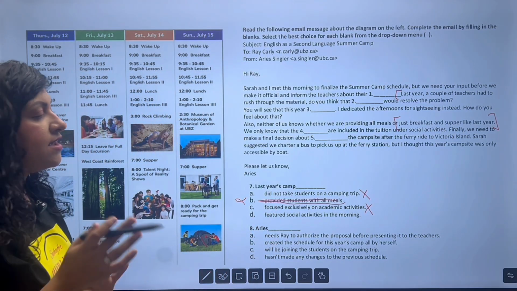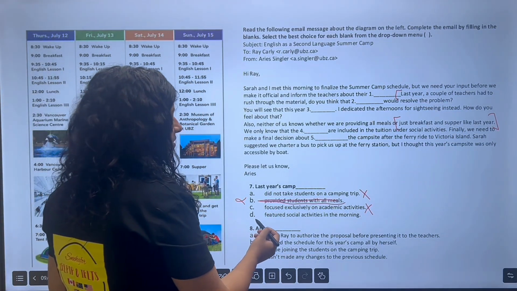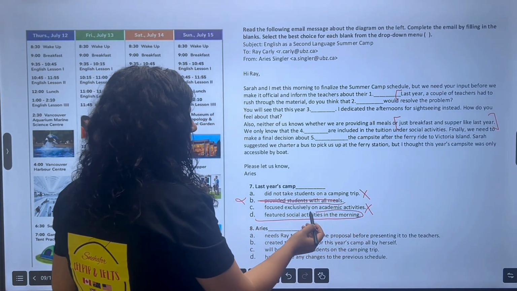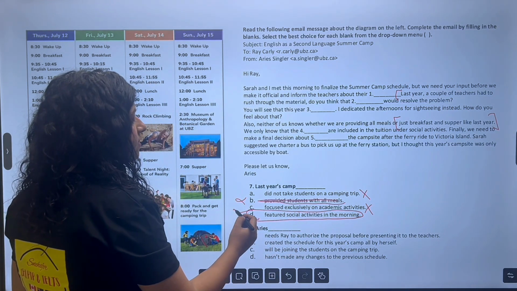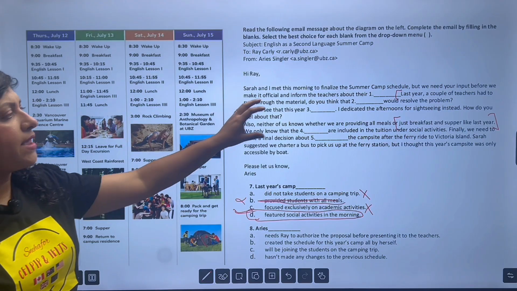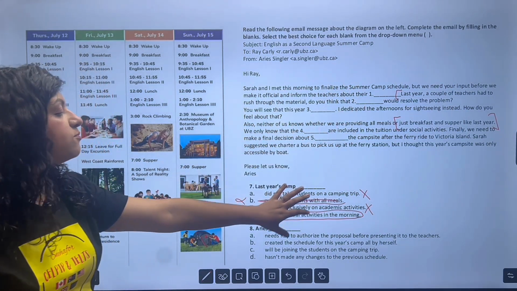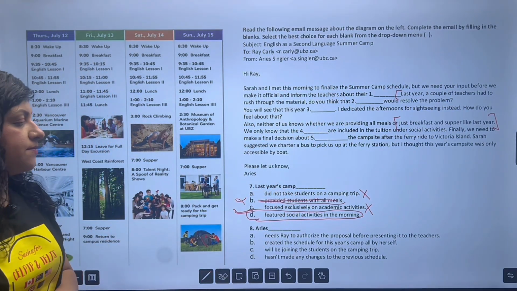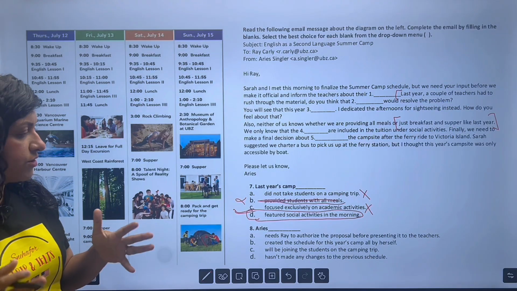So that means last year social activities were there in the morning. That is why she's drawing the comparison over here. You have to think logically. You have to combine the information given here with the options given over here. Think logically. And now let's come to question number 8.